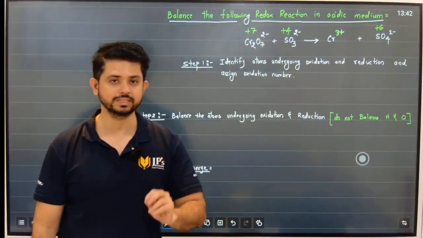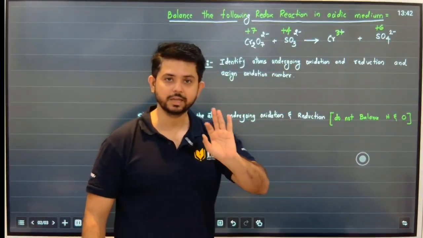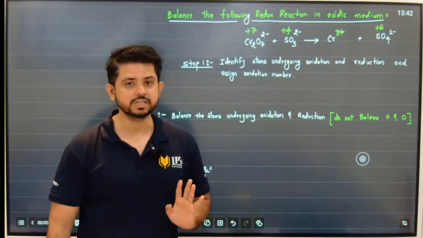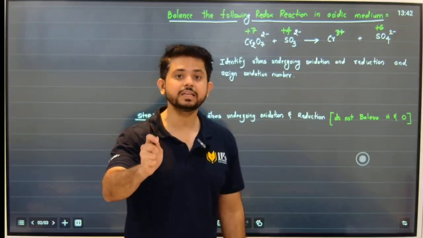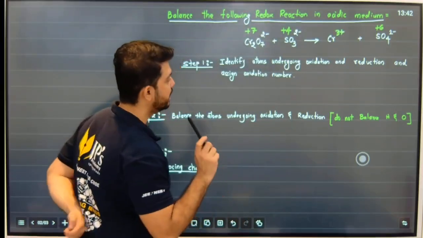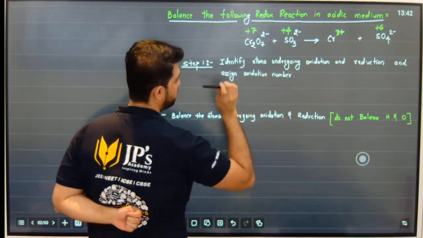हमने पूरे questions किए हैं. So the first step is हमने सारे elements के सारे atoms के oxidation number लिख दिए. Second step, we identify the elements which have atoms which have undergone oxidation or reduction. अब यहाँ पे हम ध्यान से देखें. So chromium went from +7 to +3.